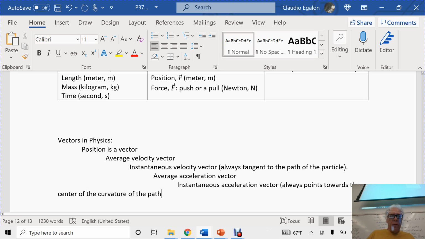The average one does not necessarily point towards the center, but the instantaneous does.